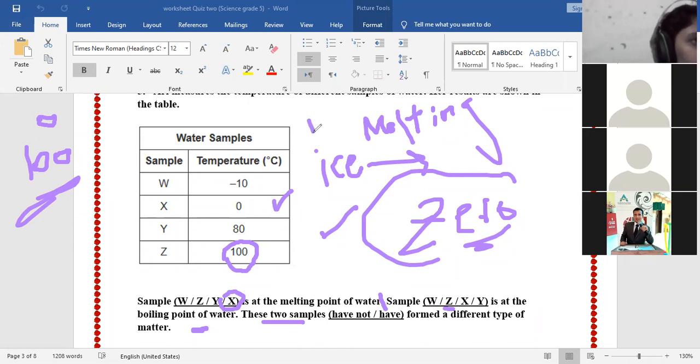Ice and the liquid, or ice and gas, have the same type of matter or different type of matter? Have or have not?